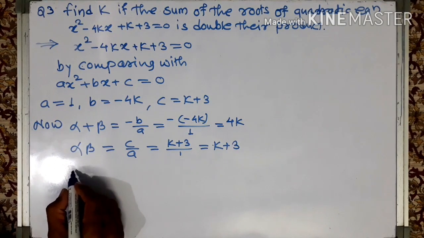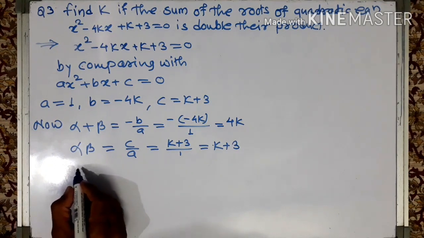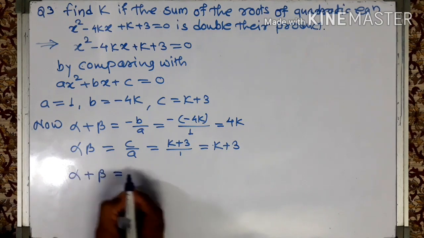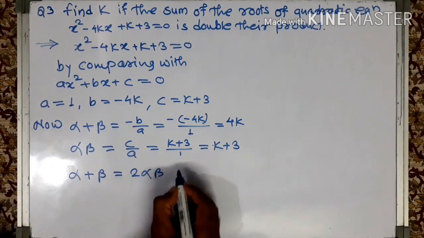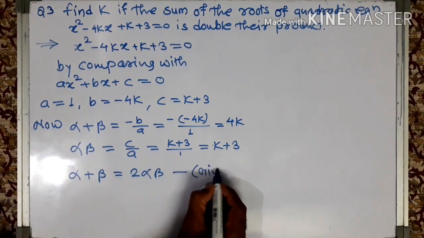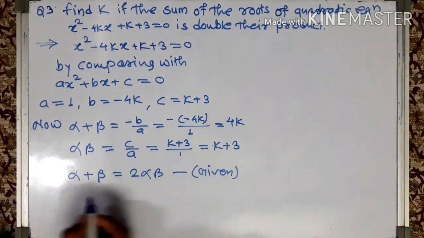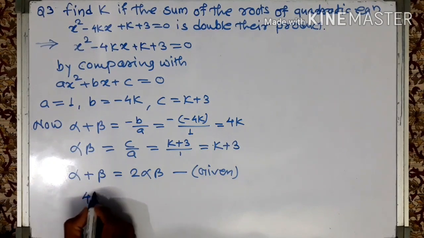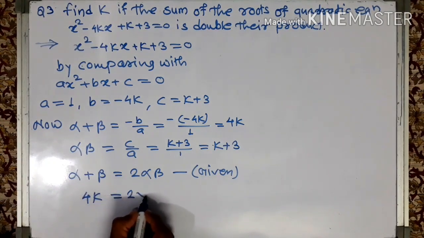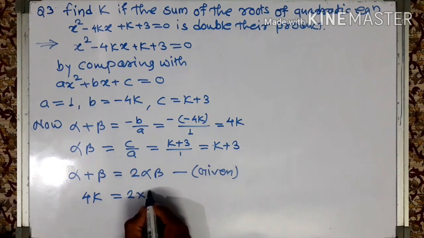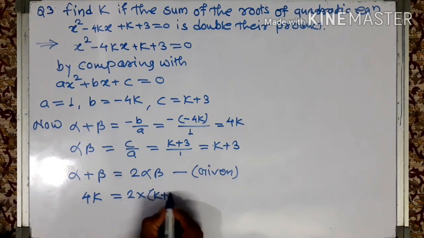Now we have given that sum of roots is double their product. This is given in the question. Now sum of roots is 4k equals 2 into alpha into beta, which is k plus 3.